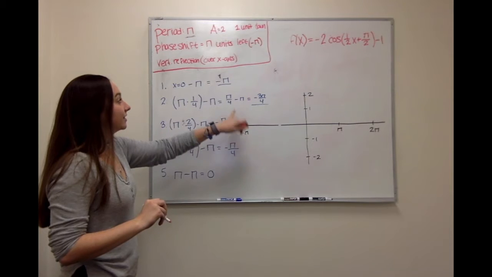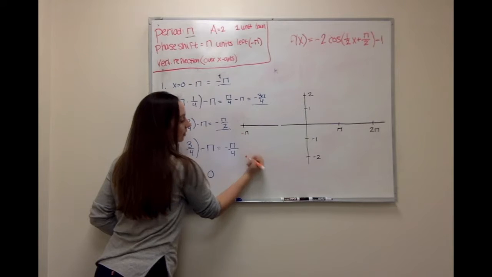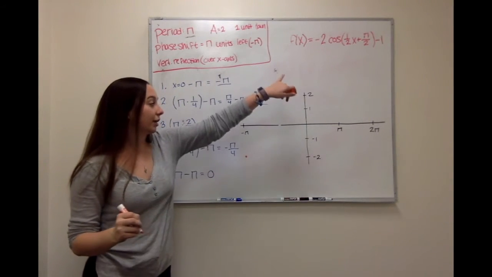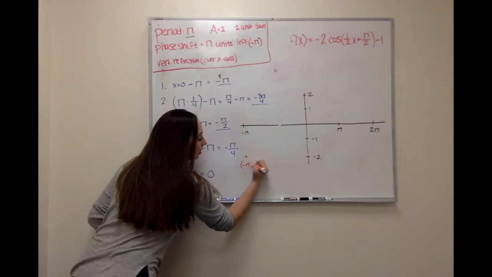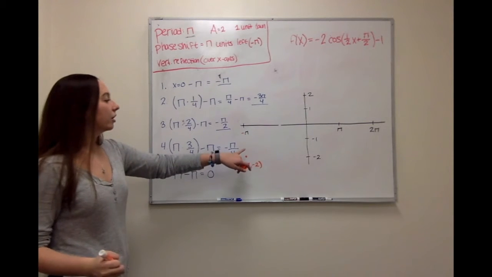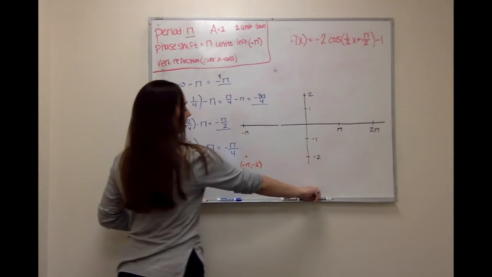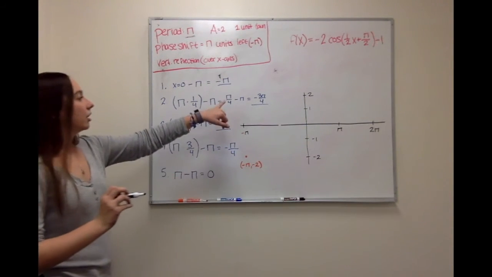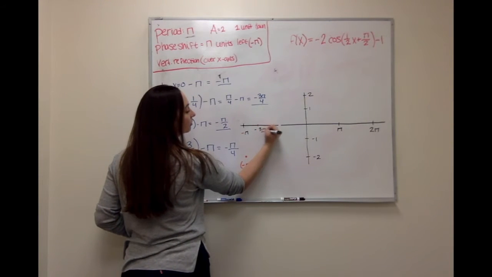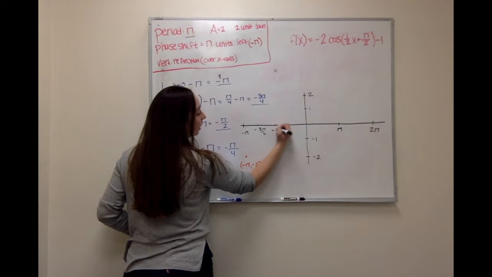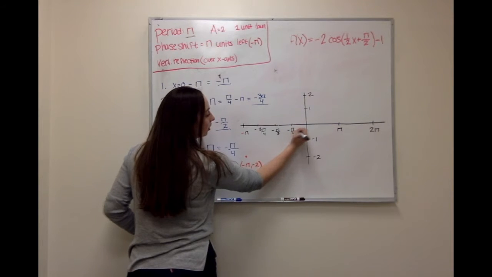But since it's a negative, we're going to start at the bottom, which is going to be negative 2 due to the amplitude. So first point is negative pi, negative 2. And then we're going to move to our next x, which is negative 3 pi over 4, then negative pi over 2, negative pi over 4, and then 0.